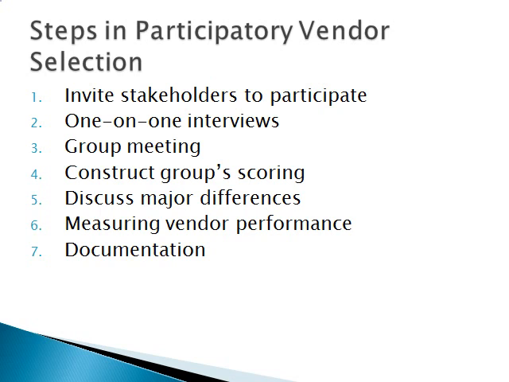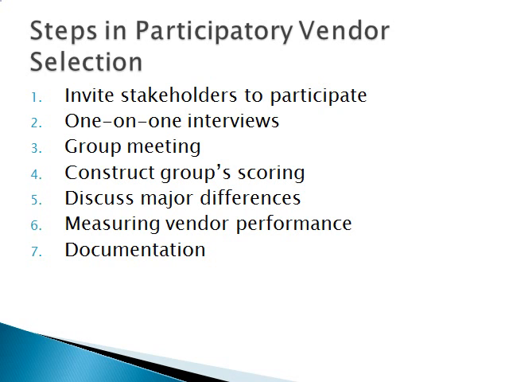The group meeting is conducted, which will lay down the ground rules and construct the group's scoring, discussing any major differences that exist between all. All of that information will be put across vendor characteristics so that vendor performance can be assessed.